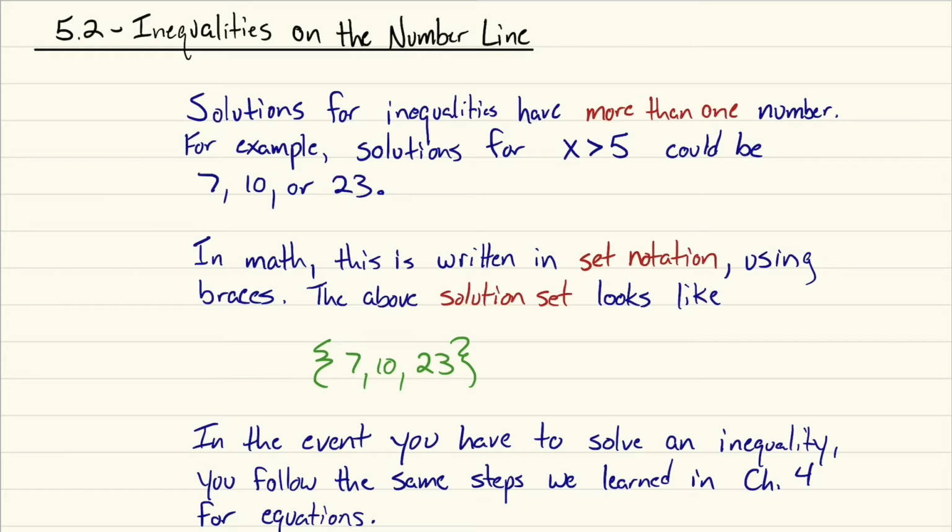If I had more numbers that I needed to include, I would write those in there. If I had fewer, I would write those in there. But I would always do it the same way, and I would get in the habit of ordering those from smallest to largest, with the smallest number coming first and the largest number coming at the end. That's just a good typical order to express your answers.